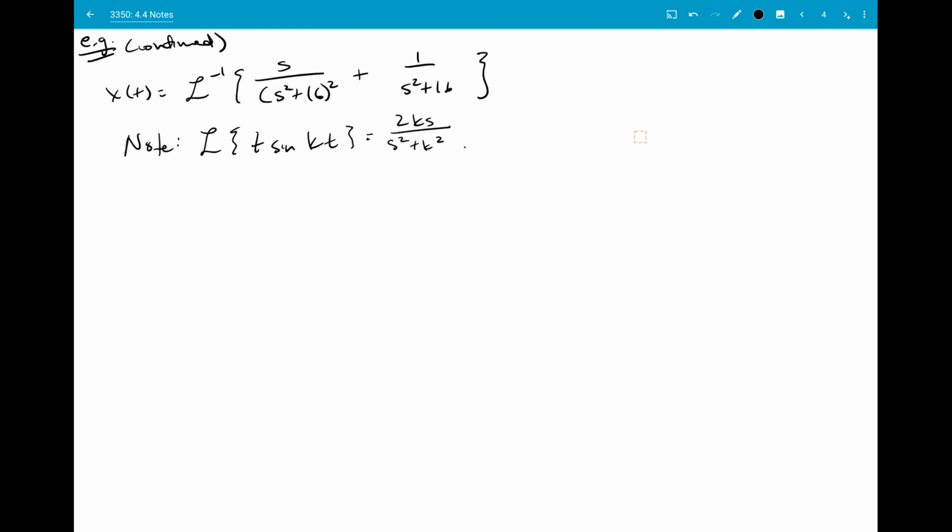well, actually, let me write that the opposite direction. Supposing I had s squared plus 16 squared, that means that I'm looking at k equal to 4. So 2 times 4 times s over s squared plus 16 squared is the L of t sine 4t.